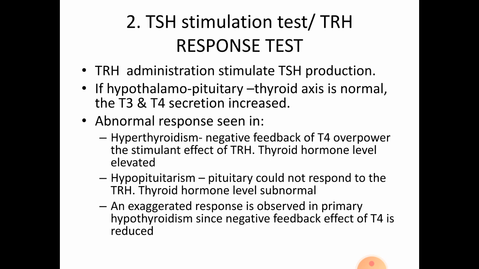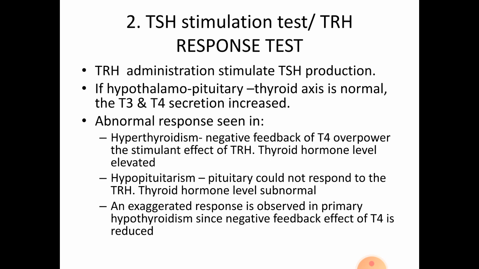If the hypothalamus, pituitary and the thyroid axis are all normal, T3 and T4 secretion is increased, and there will be an abnormal response seen during hyperthyroidism and hypopituitarism. In hyperthyroidism, negative feedback of T4 overpowers the stimulant effect of TRH. The thyroid hormones will be elevated.